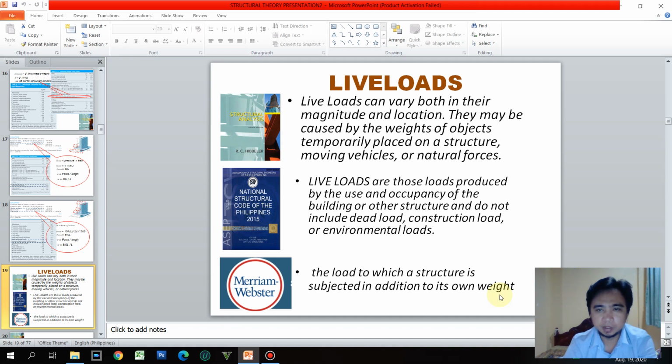Like in a classroom, there are times that live loads vary depending on the size of the people going in and out of the classroom, or perhaps according to its occupancy, like a hardware store. A hardware store has greater live load compared to residential, of course.